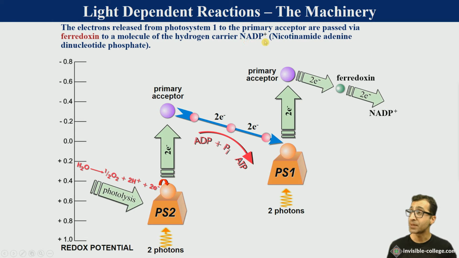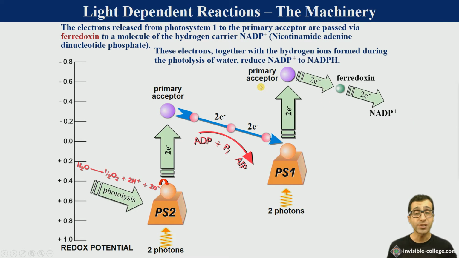And again, NADP is nicotinamide adenine dinucleotide phosphate. So we see here that the primary acceptor molecule is at this redox potential or energy level. It then passes those two electrons down to the ferredoxin molecule, which is at a relatively lower energy level, and then the ferredoxin molecule goes on to pass those two electrons to the hydrogen carrier NADP.